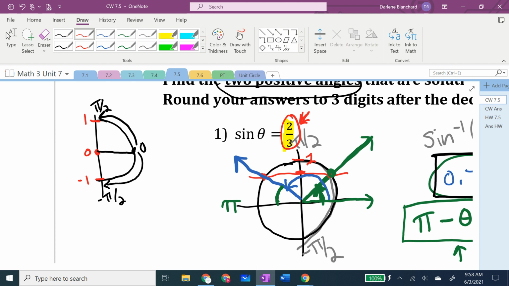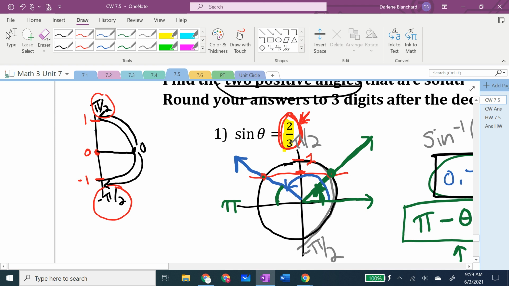Usually you're expected to know through the unit circle that pi over 2 is the angle for which the sine is equal to 1, and negative pi over 2 is the angle for which the sine is equal to -1. You're only going to need a calculator if this number is between -1 and 1. And that will only give you, though, one of the answers for an entire circle.